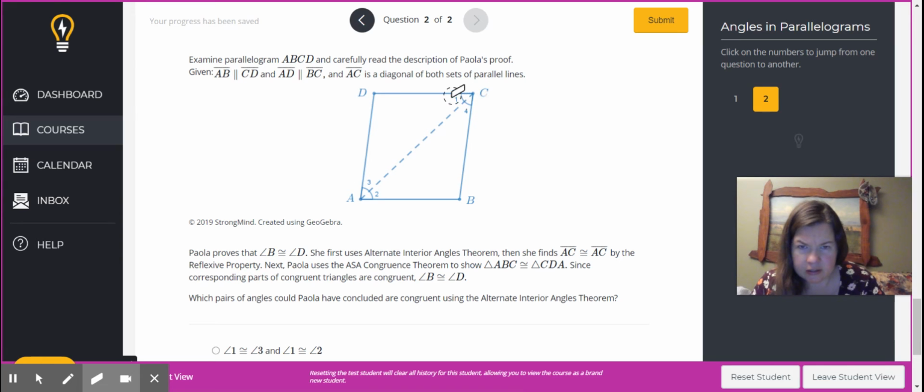So alternate interior angles. So she said 1 and 2 are the same, and 3 and 4 are the same, and they have that. So then she used angle side angle. Good. She showed that those triangles are the same, and since corresponding parts of congruent triangles are congruent, B would have to be congruent to D.